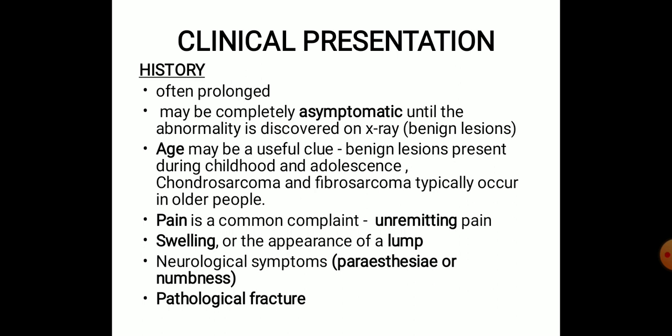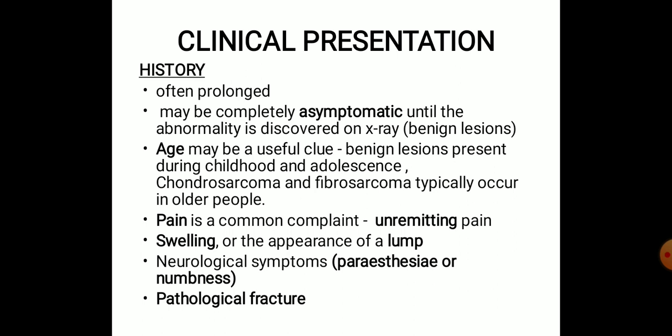And next one is age. Age may be a useful clue because there are some particular kinds of lesions which are indicative of tumors in that particular age group. Many benign lesions are present during childhood and adolescence.